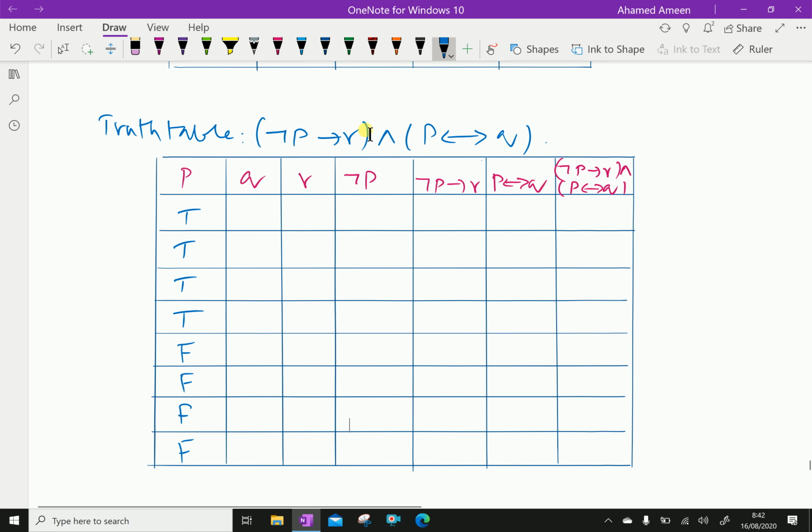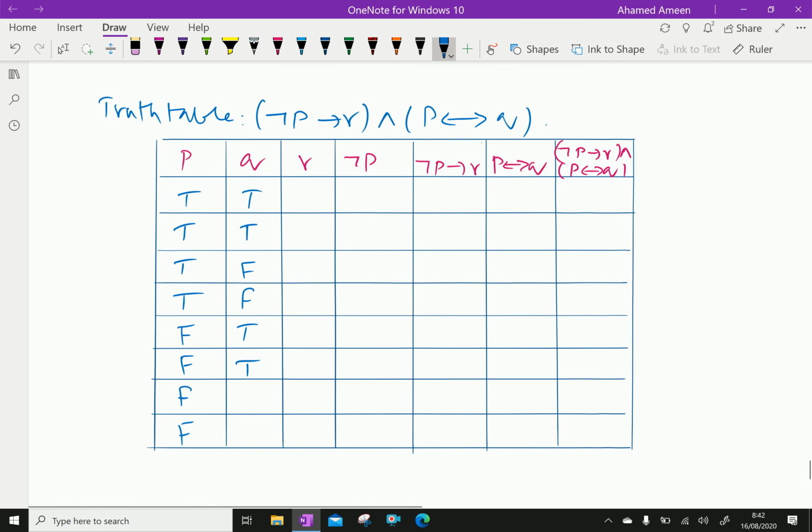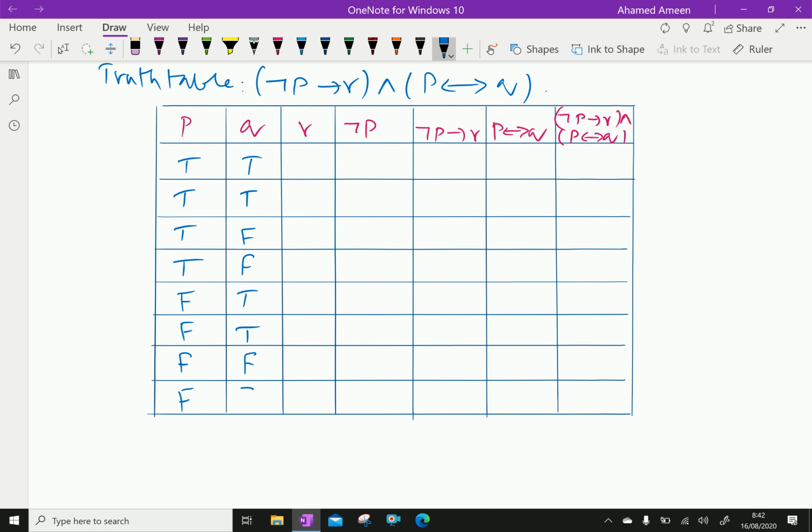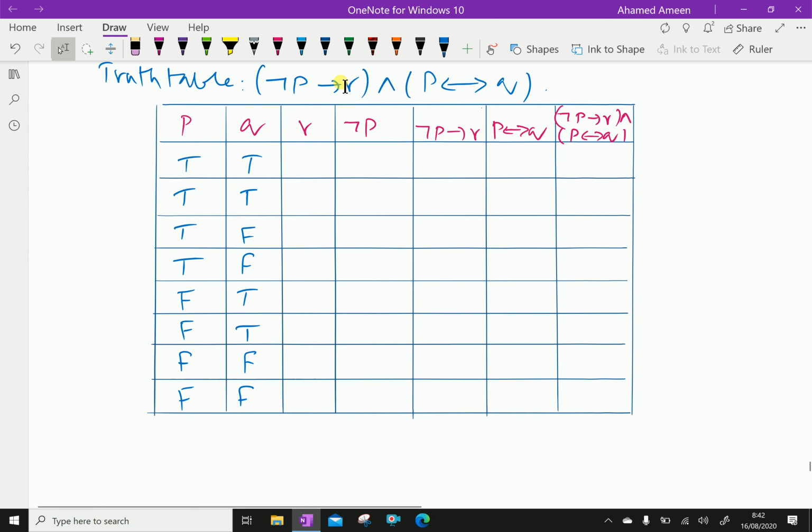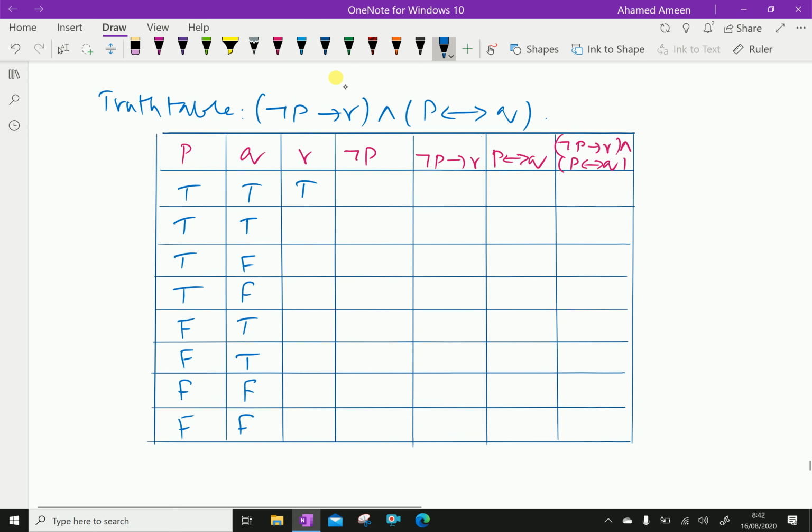Here for Q we can put true, true, false, false, true, true, false, false. For R we can write true, false, true, false, true, false, true, false.